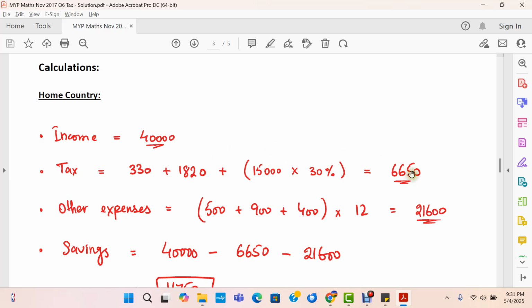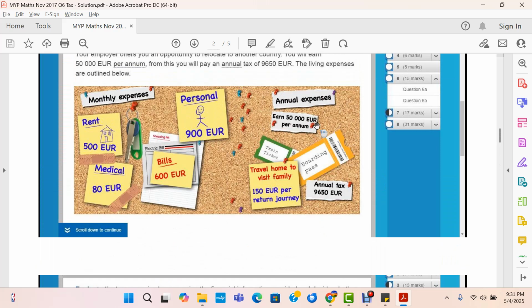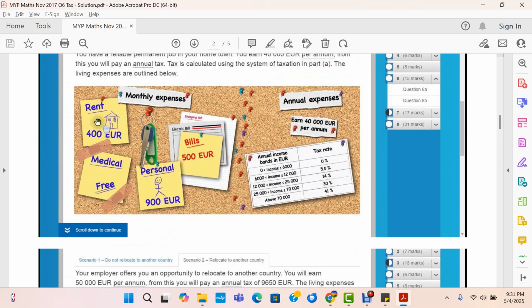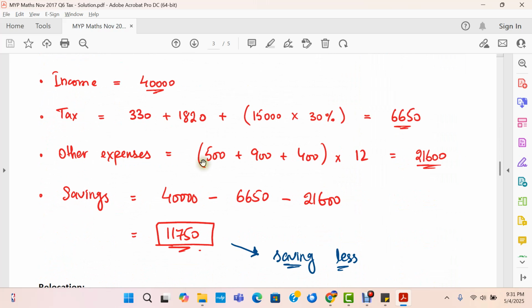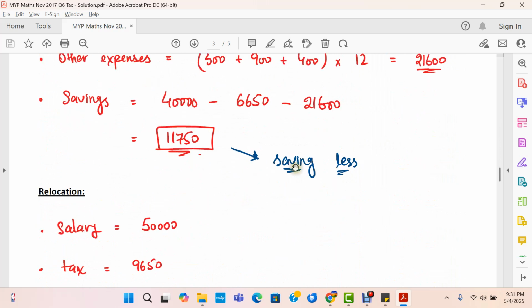I did it and I get my answer as 6,650. Other expenses, all of these expenses which are monthly, 400, 900, 500, I'm going to multiply them by 12 and add them. Really easy. Medical is free. This concludes all of the expenses for this scenario. So the total income minus the total expenses, these are my savings.